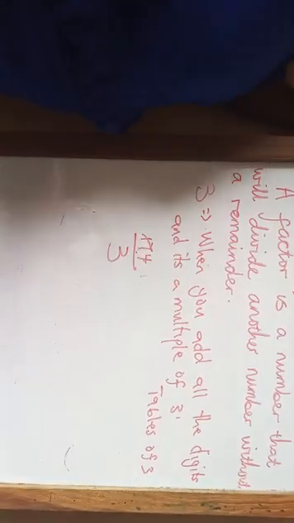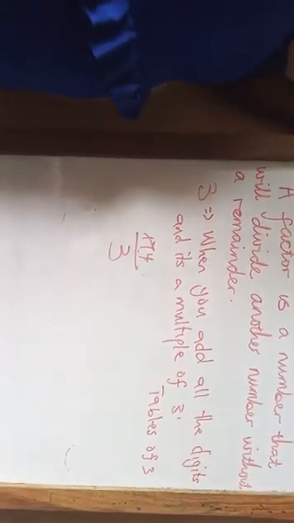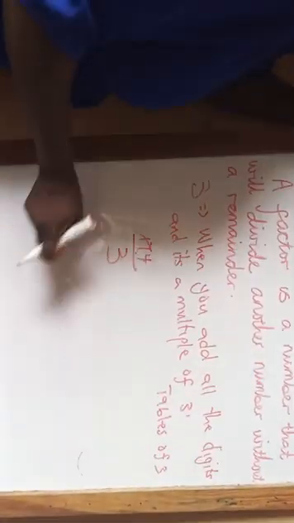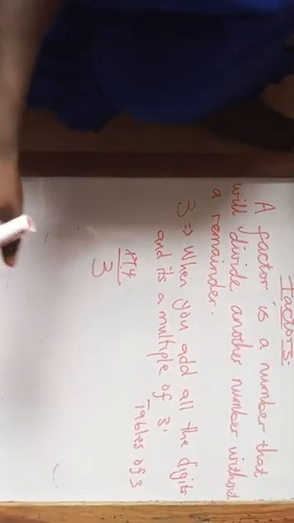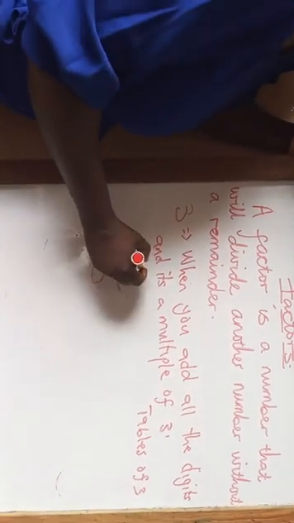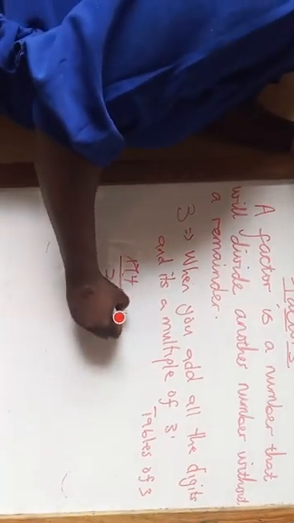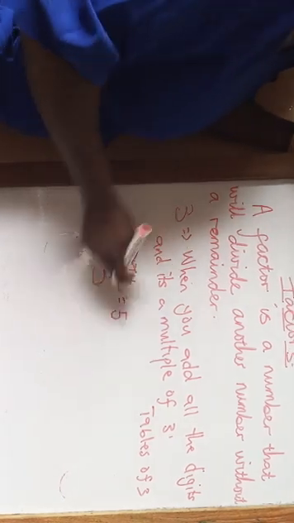So 174 divided by 3. 3 into 17. Now look at the tables of 3. 3 times 5 is 15, closer to 17 but not more than 17. The next number after 15 is 18. So 3 times 5, 15. Remainder 2.